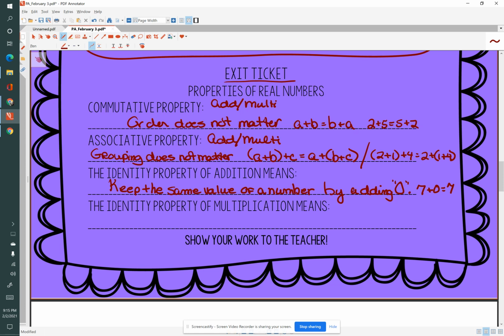And then the identity property of multiplication means we keep the same value of a number, but this time by multiplying by 1. And we can say 7 times 1 still equals 7.